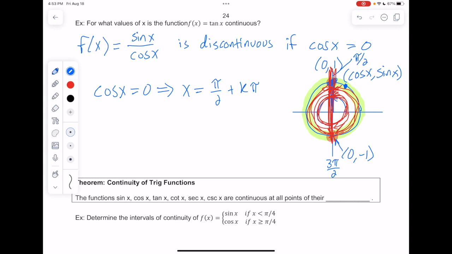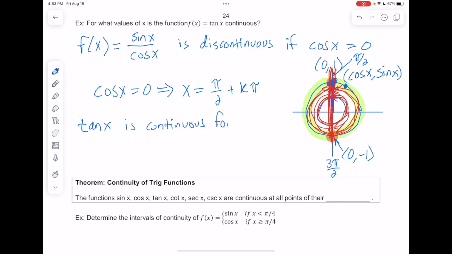So when is tangent continuous? Everywhere except at those spots. So tangent of x is continuous for all x except x equals pi over 2 plus k times pi, that's adding those 180-degree multiples, where k is an integer.